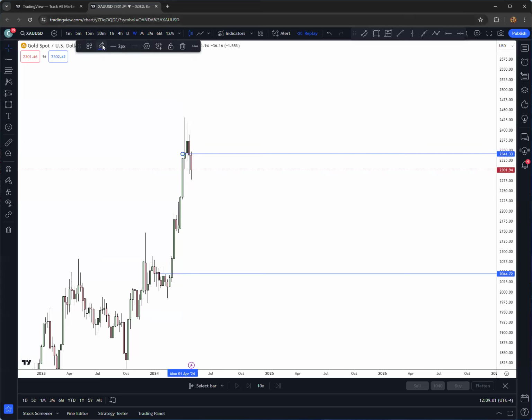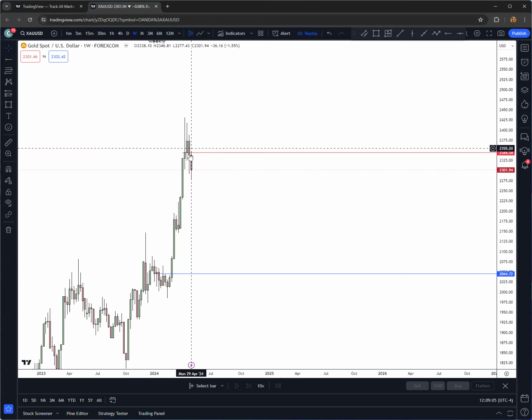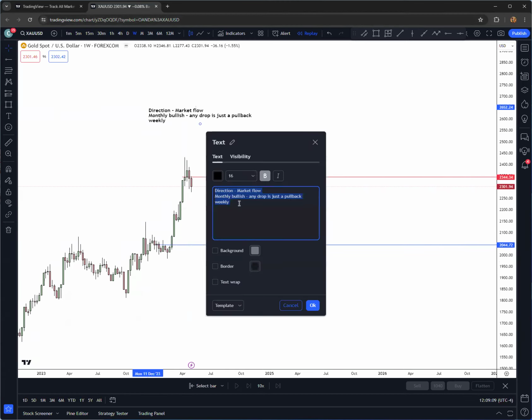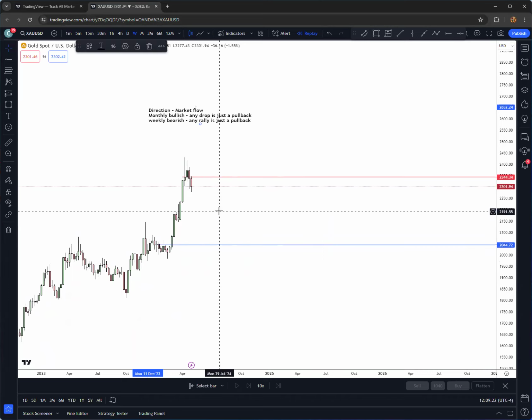So weekly level for me is this. Bam. Weekly is not bullish. Weekly is bearish. Bearish. Any rally is just a pullback, right?